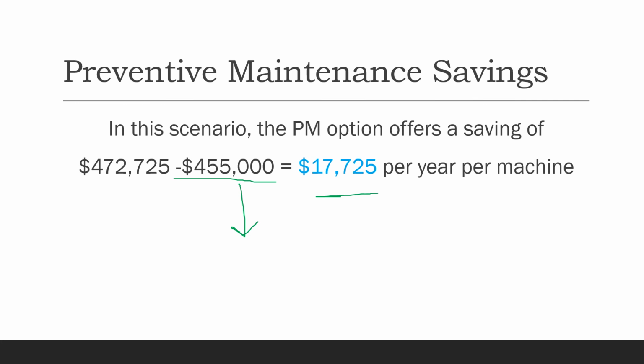It will give you a saving of $17,725. Usually it is way less than this, because failure usually does not happen if you run the preventive maintenance and keep the system running. Okay, so therefore you will be saving $17,725 and more all the way.